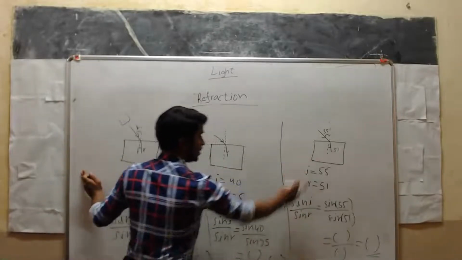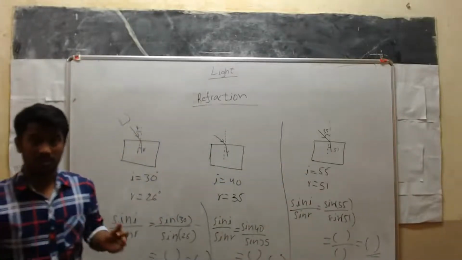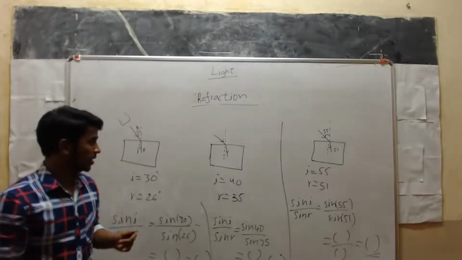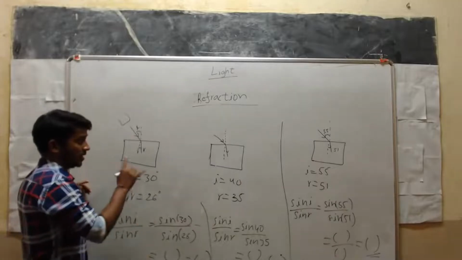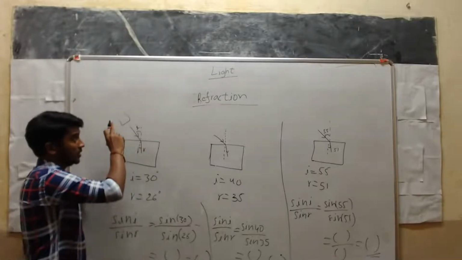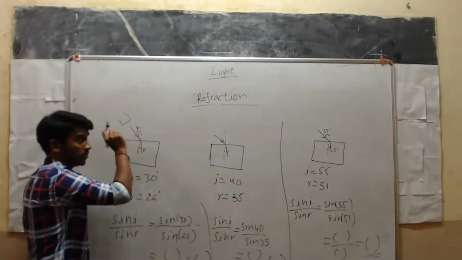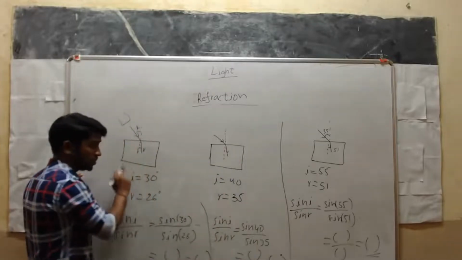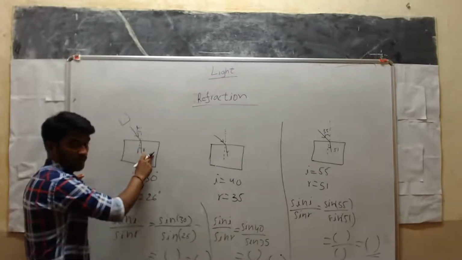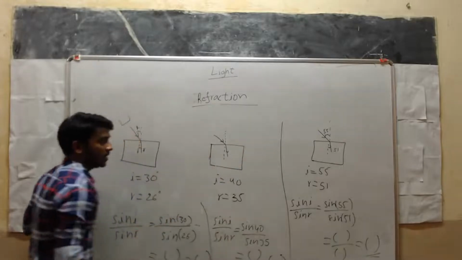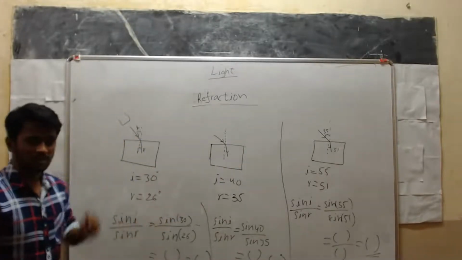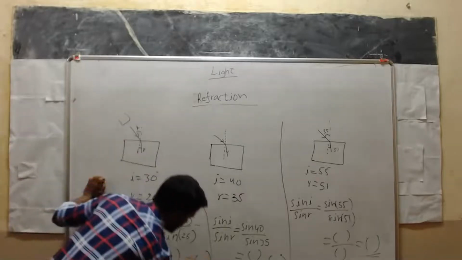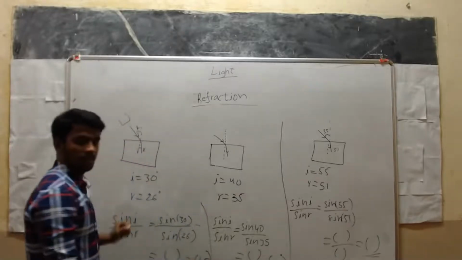You know, in glasses there are different types, like chrome glass, etc. So you have to use the same source of light and the same glass material in all the cases.